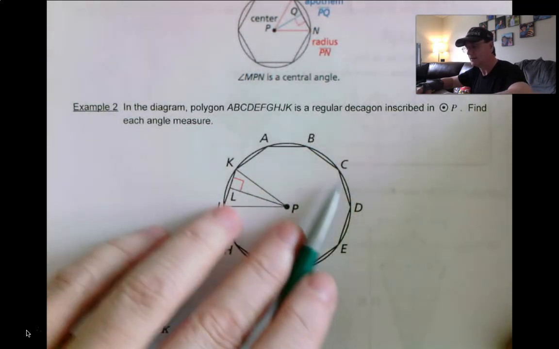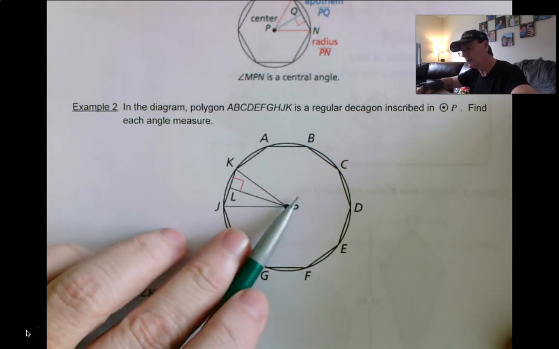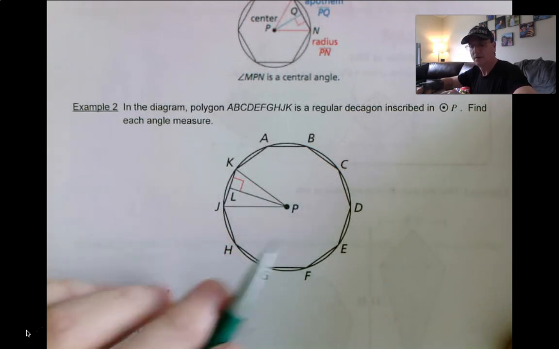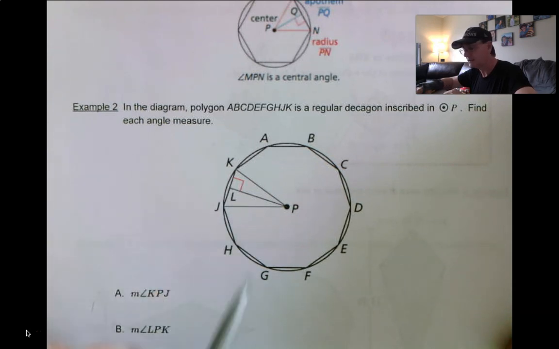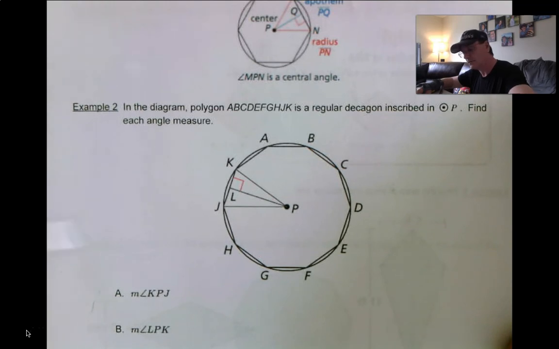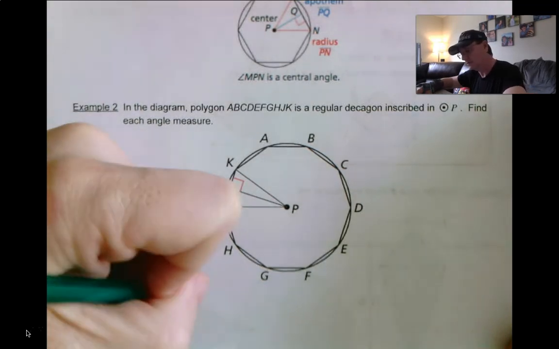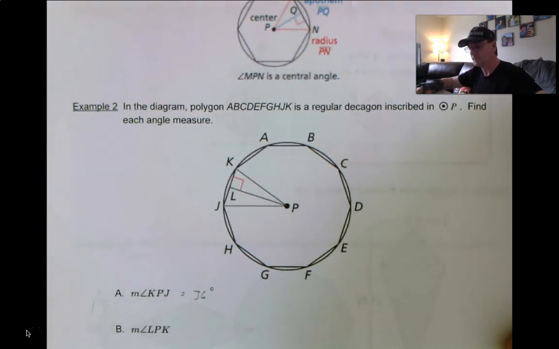There are 10 congruent sides as we go around, making 10 congruent central angles intersecting those sides. So KPJ is 1/10 of 360. So 360 divided by 10 is 36 degrees.